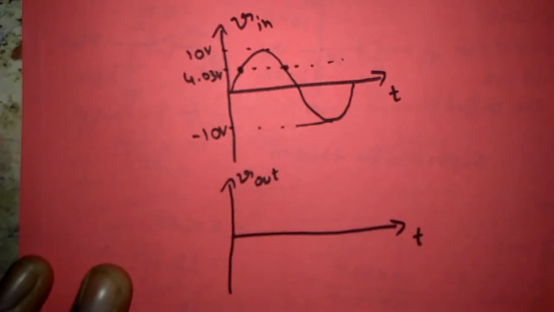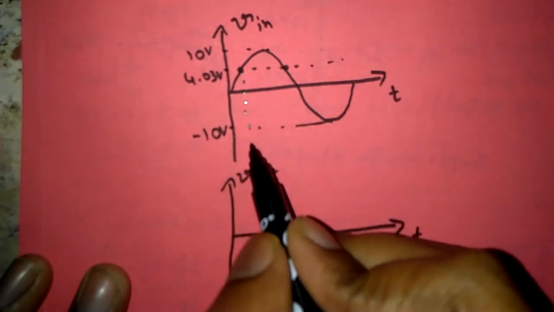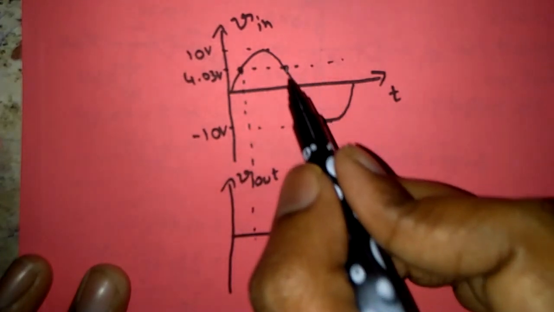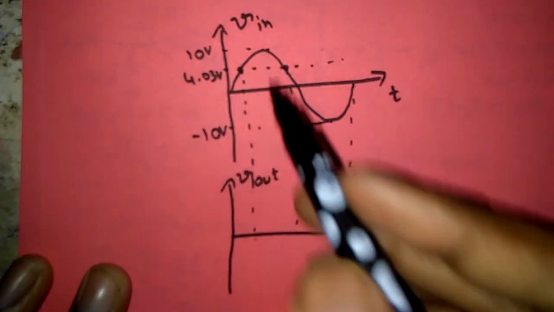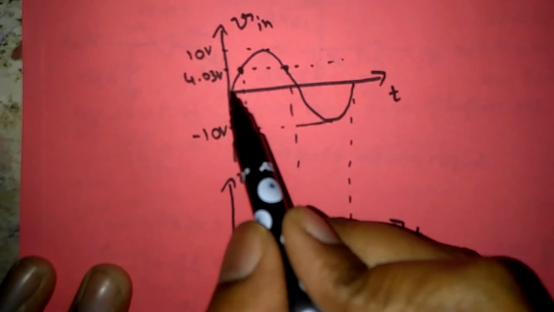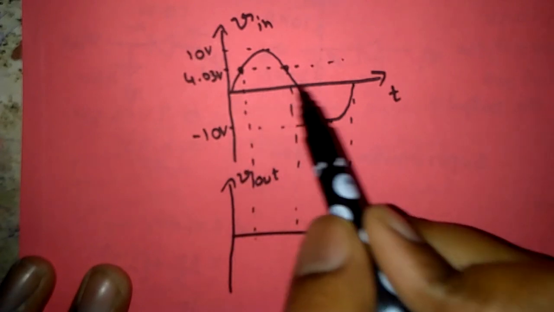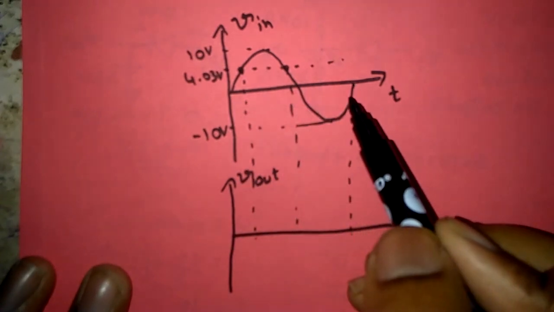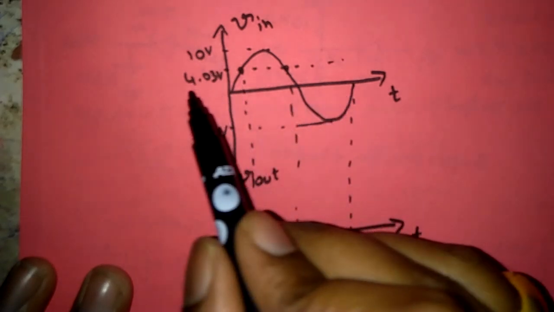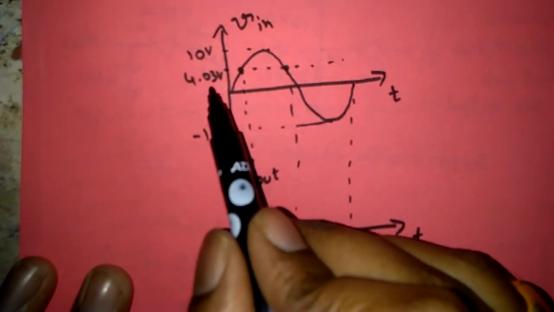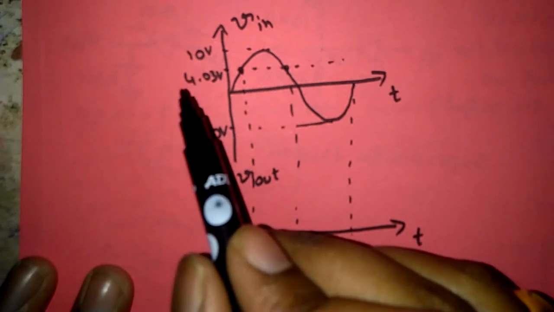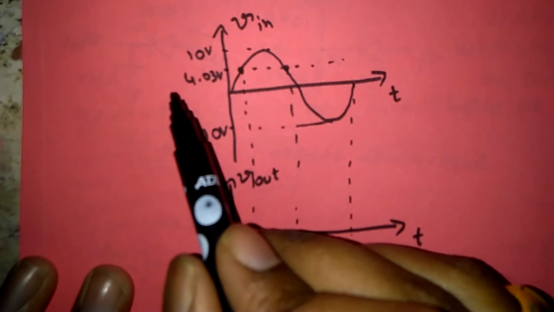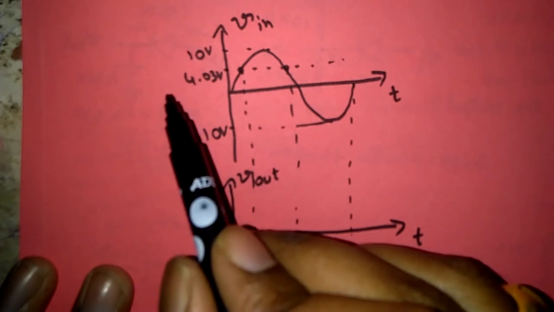I have to mention these important points on this graph also, like this. If we observe this waveform from this point to this point and from this point to this point, our input waveform is less than the reference value 4.03 volts. So that means anode voltage is less than cathode voltage. So diode enters into reverse bias and acts like an open circuit.